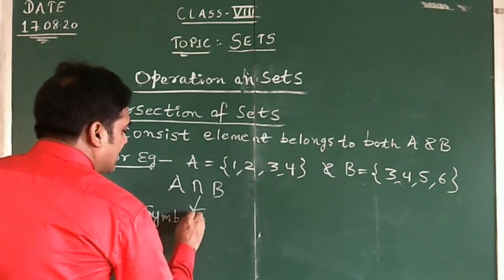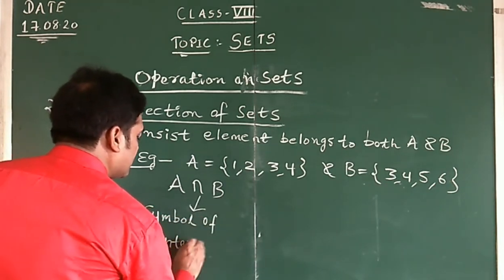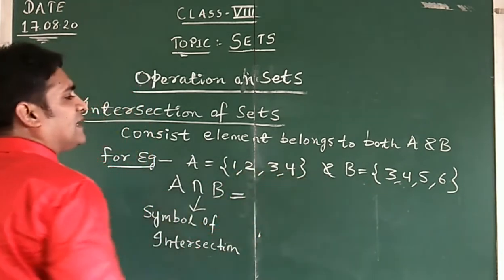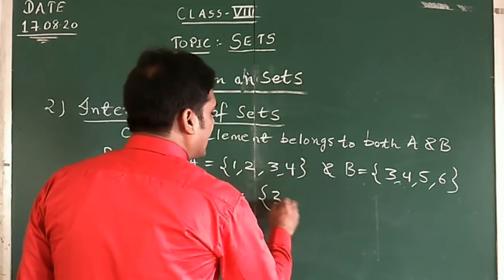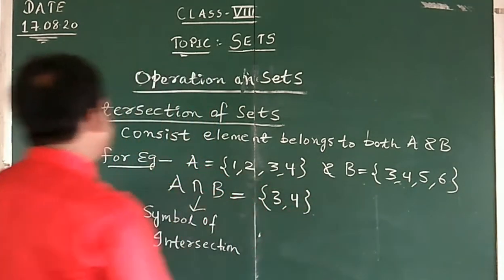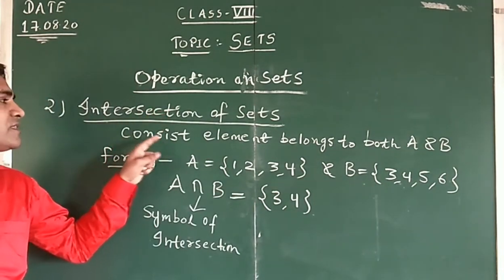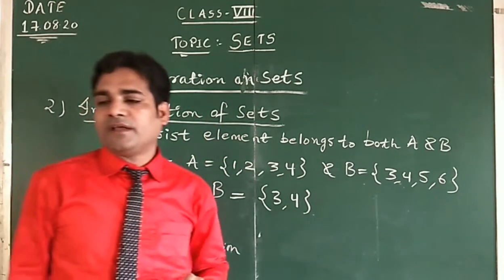So A intersection B is what? It is the common elements in both A and B, that is 3 and 4. So intersection of sets consists of all elements belonging to both A and B.